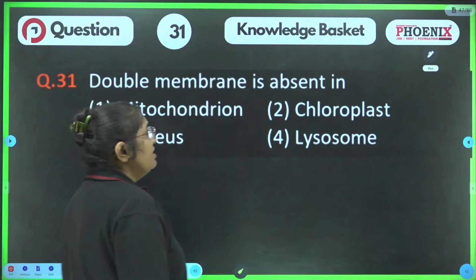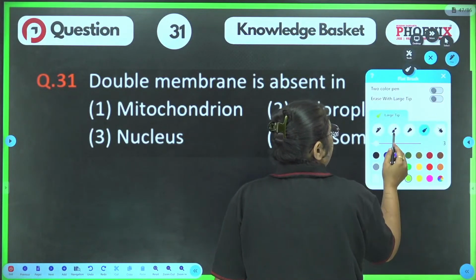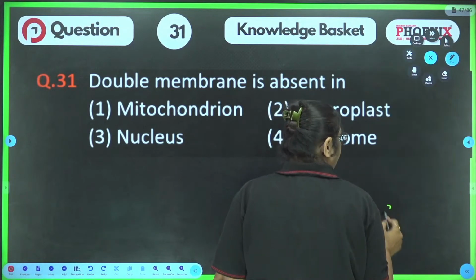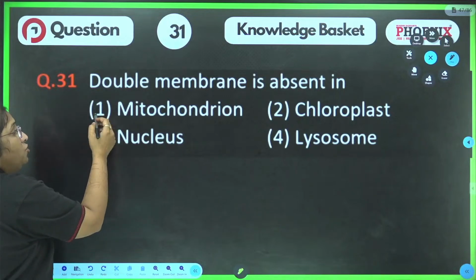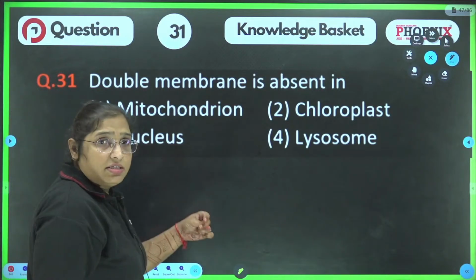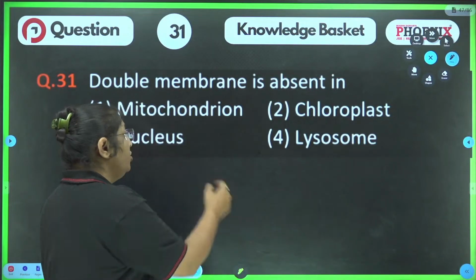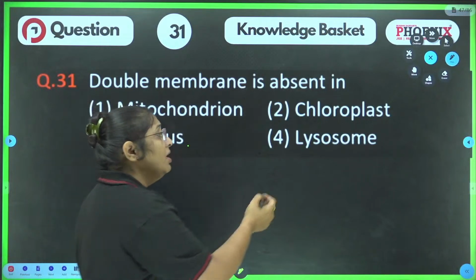Double membrane is absent in. So students, we know that mitochondria is double membrane, chloroplast is also double membrane, nucleus is also double membrane, it has a porous nuclear envelope.